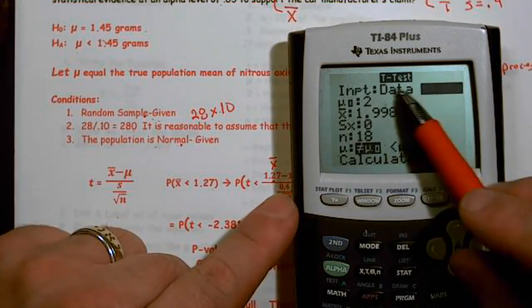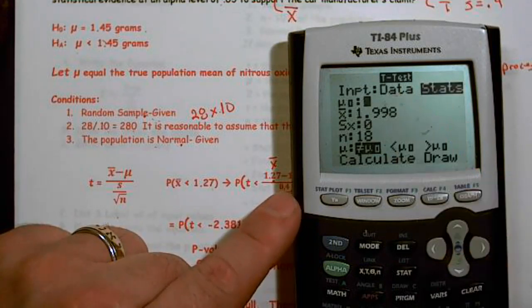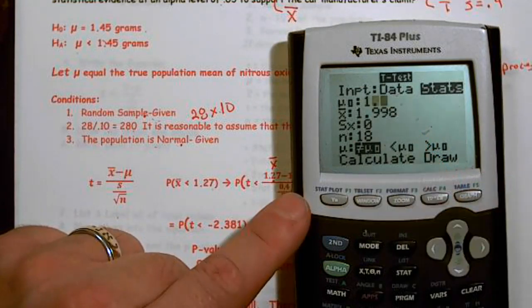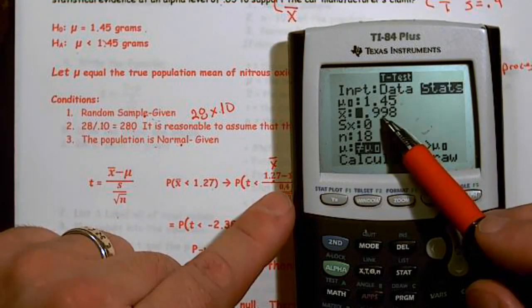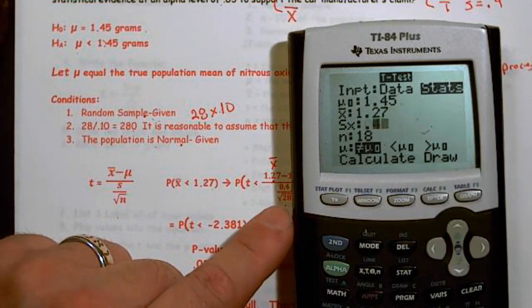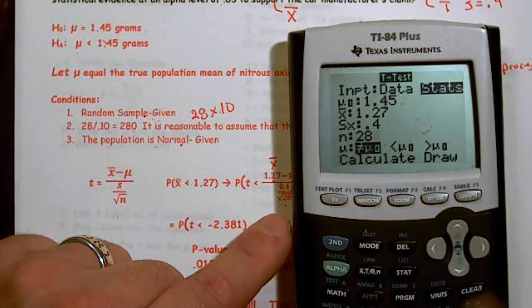We don't have our data stored in stat edit. We have a mean of 1.45, an x bar of 1.27, that's our sample mean. We said our sample standard deviation was 0.4, and we had a sample size of 28.